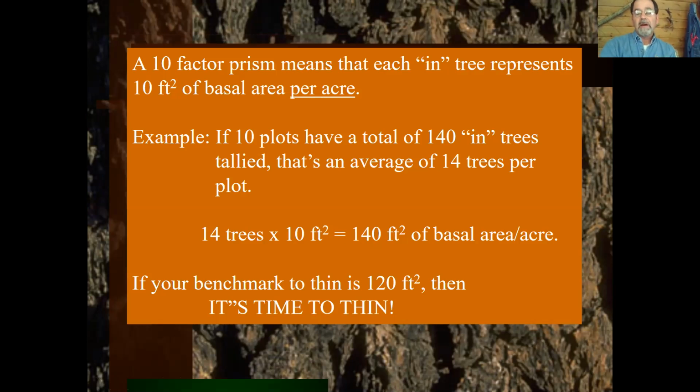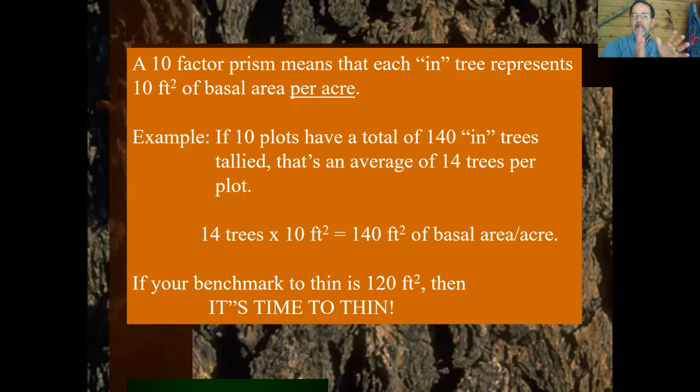Well, this is going to be a mouthful, and I'm going to spend a little time on it, but the prism we're using is called a 10-factor prism. There are 20-factor prisms, and I think there's even a 5-factor prism, but in our region, we use the 10-factor prism. And that means that each tree that's tallied as in represents 10 square feet of basal area per acre.